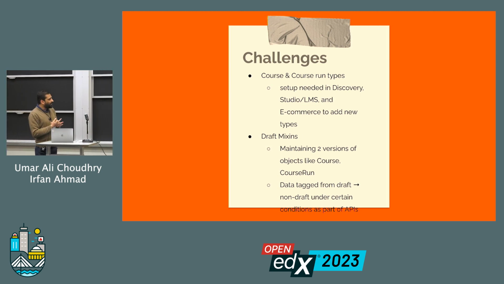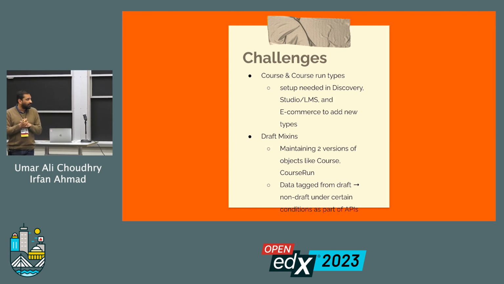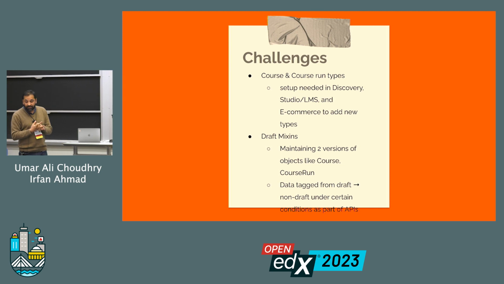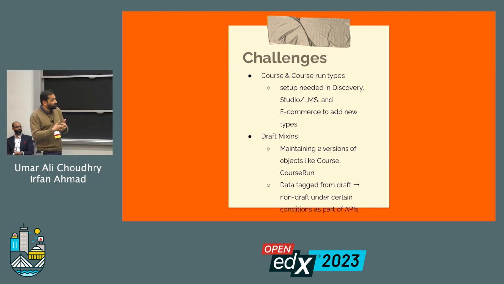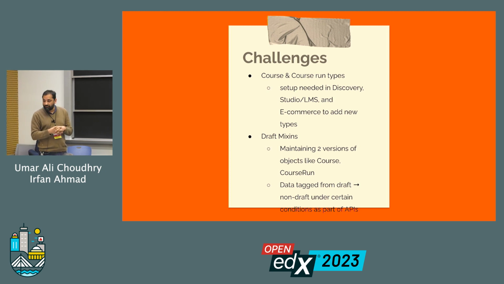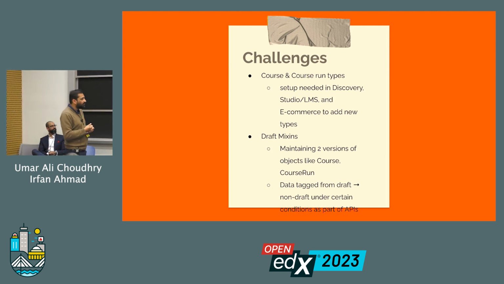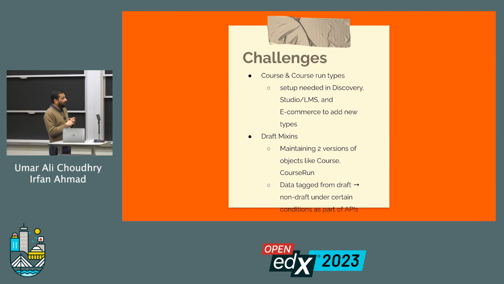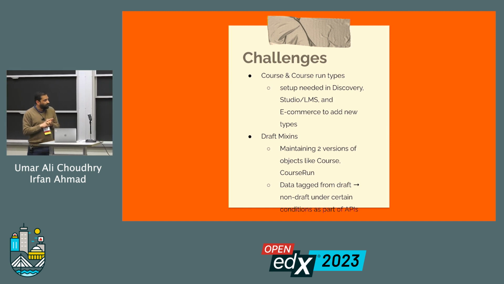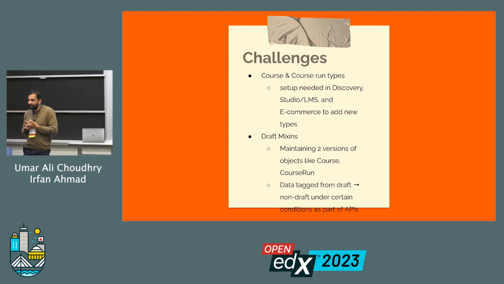Again, there are some more challenges in Discovery. For example, you need to set up courses. If you have a course, you have to set it up in Discovery, Studio, LMS, e-commerce, all of them. So many areas get to be changed. Similarly, we have two versions of course and course run objects.